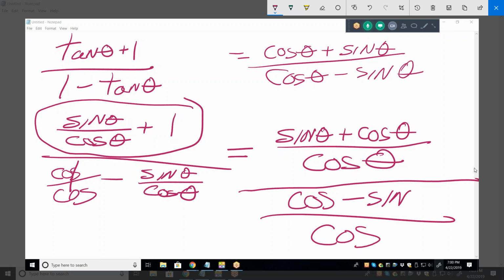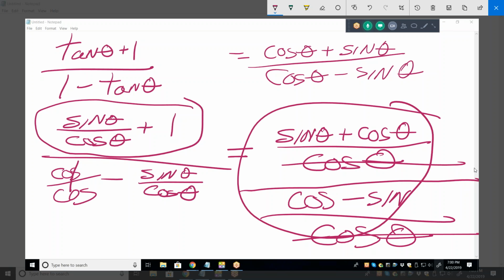Okay. Flip and multiply. Gets rid of that, and you're left with that, which is that. And that's all you have to do, is turn the left into the right.